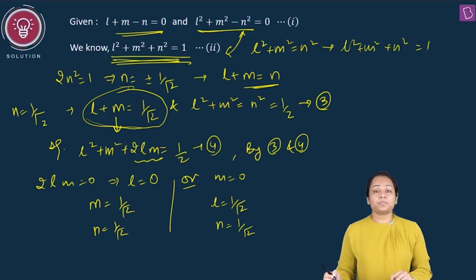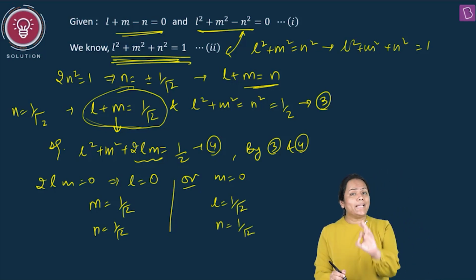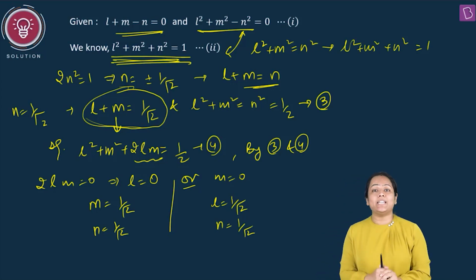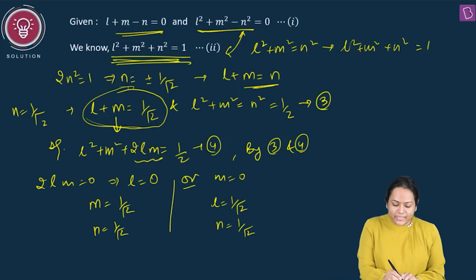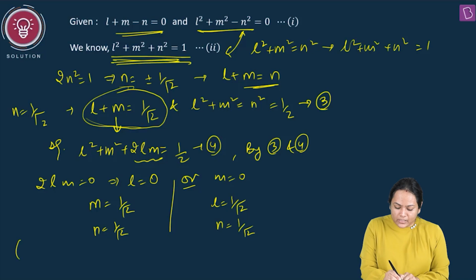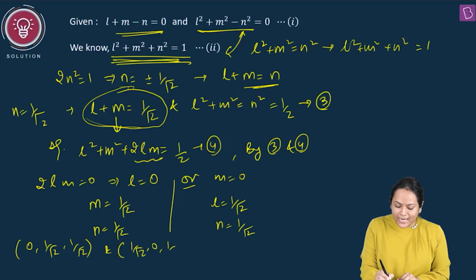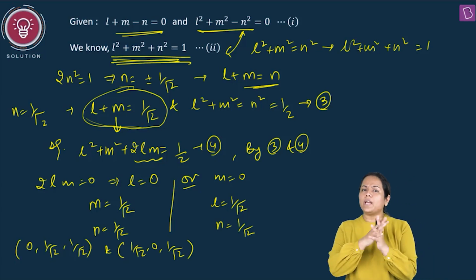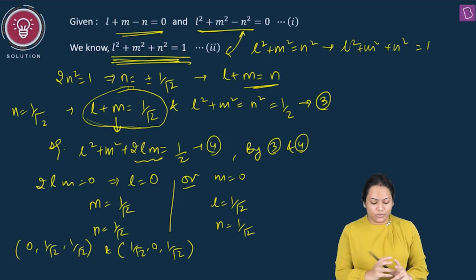So that means to apply the angle between lines, what are my direction cosines now? Well, my direction cosines are one is 0, 1 by root 2, 1 by root 2 and another one is 1 by root 2, 0 and 1 by root 2. I hope you can recall what was the angle between these two lines.